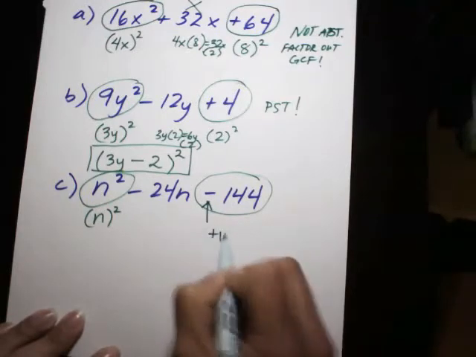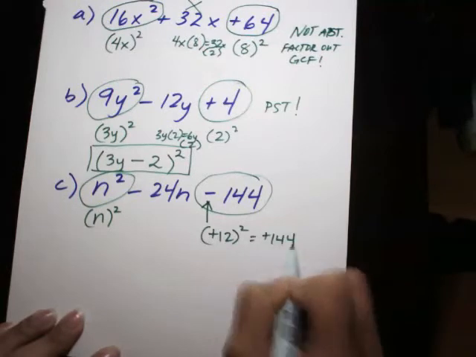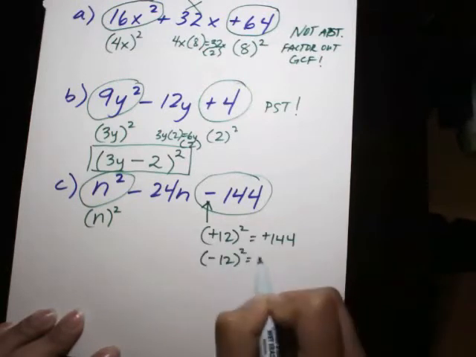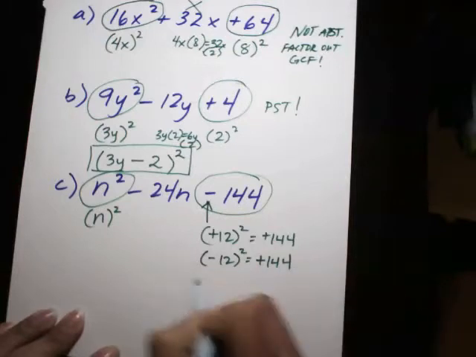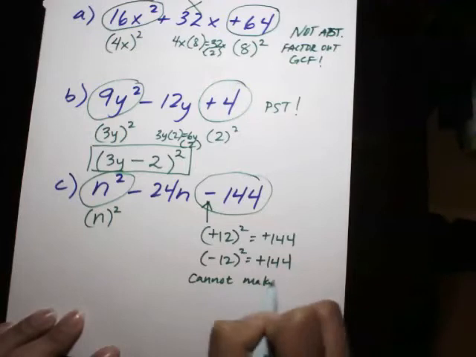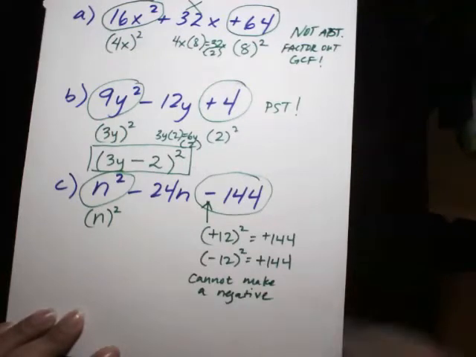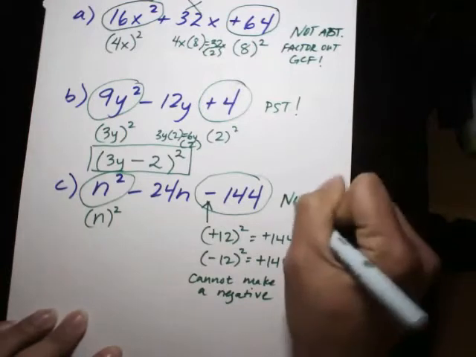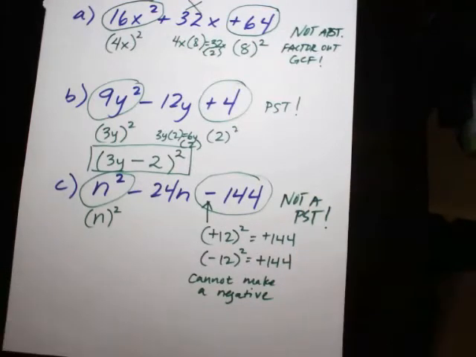If I squared a positive 12, I'd have a positive 144. If I squared a negative 12, I'd still have a positive 144. There's no way to make a negative if you're going to square it. So this is not a PST.